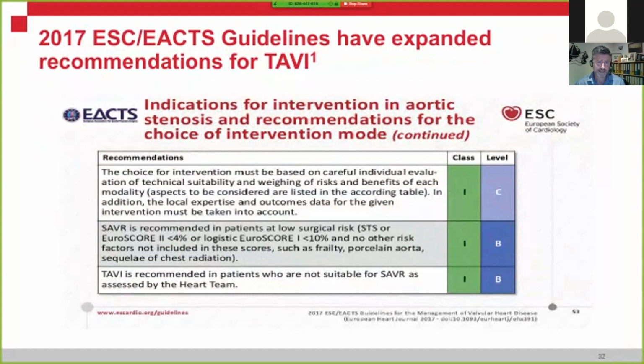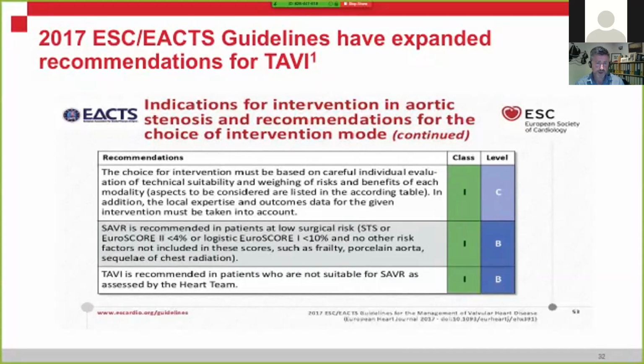Looking at the latest ESC guidance, which is probably the best contemporary one to hand, they've suggested that TAVI should be recommended in all patients who are not suitable for surgical aortic valve replacement, as assessed by the heart team. For patients with low surgical risk, conventional surgery probably is the treatment of choice, and low risk or even intermediate risk patients should be offered conventional surgery.